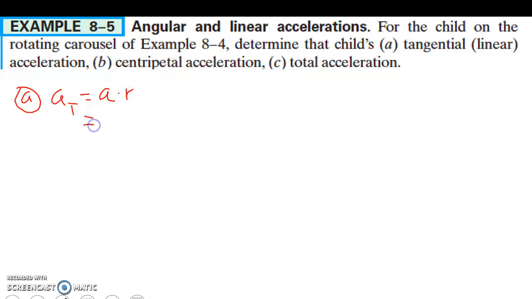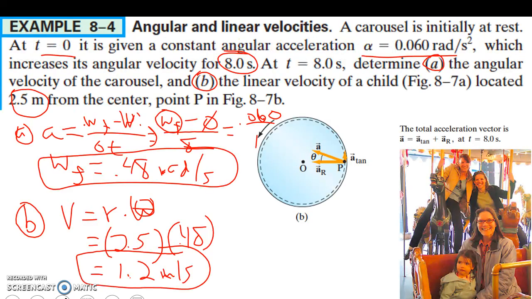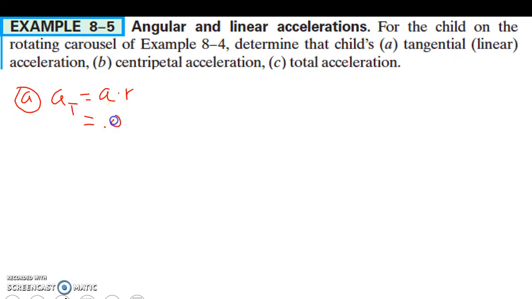Our angular acceleration, as we know from our previous question, is 0.06. So 0.06 times our radius, which is 2.5, our tangential acceleration is going to be 0.15 meters per second squared.